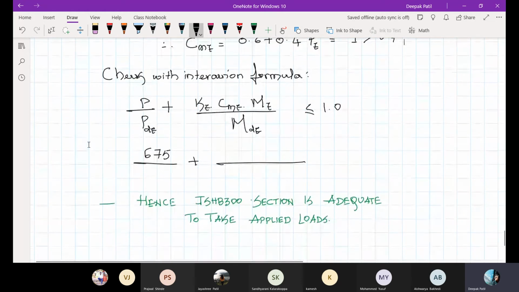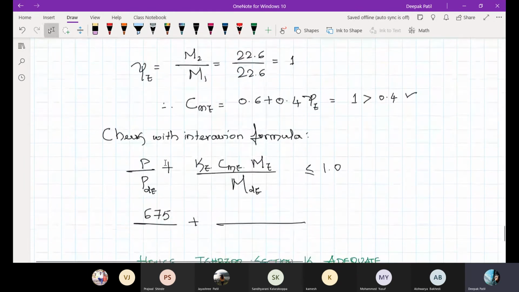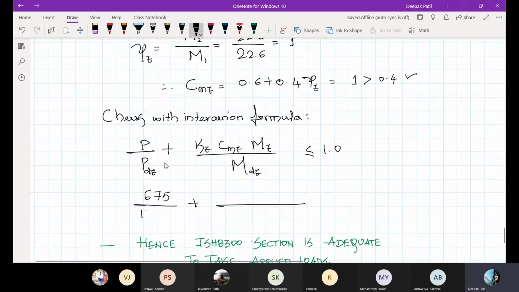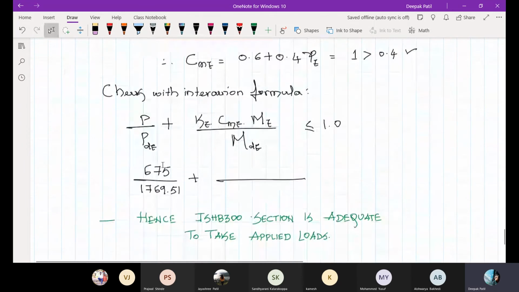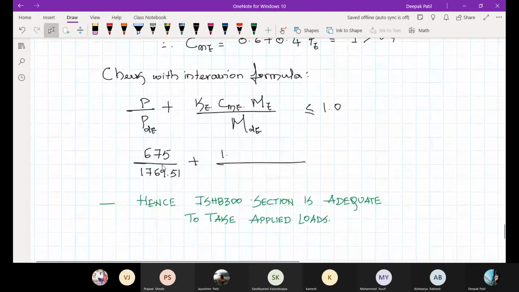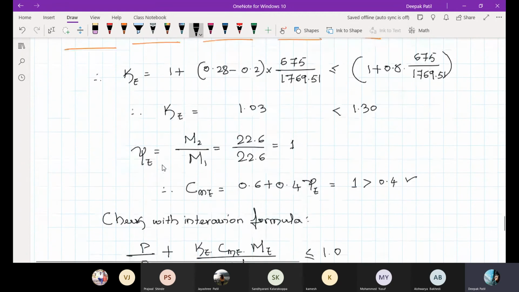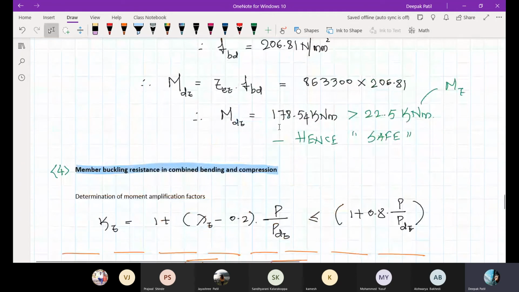Then we have this interaction formula which needs to be checked and which should be less than or equal to 1. That is P divided by PDZ. So PDZ is 1769.51. KZ we have already calculated, which is coming out to be 1.03, times CMZ, which is 1 once again, times MZ, which is 22.6, that we know, divided by MDZ, which we have calculated as 178.54.